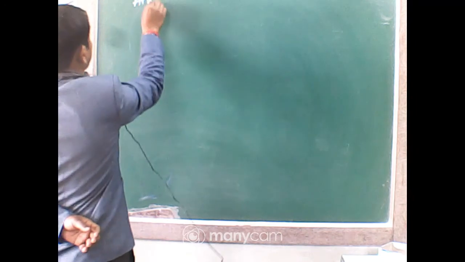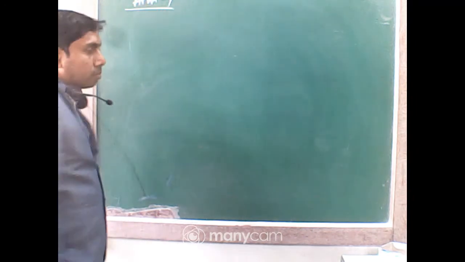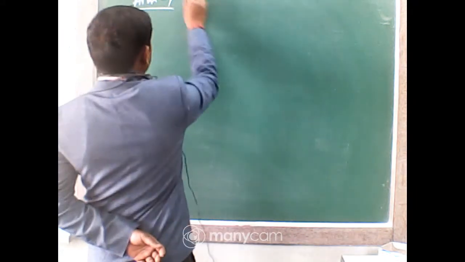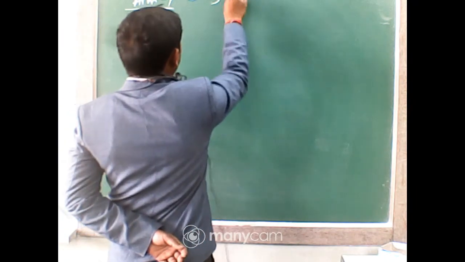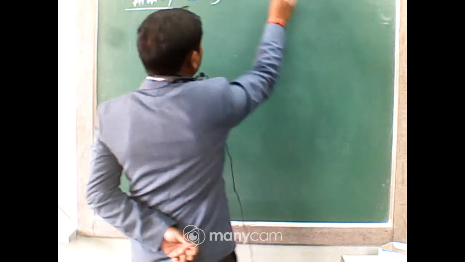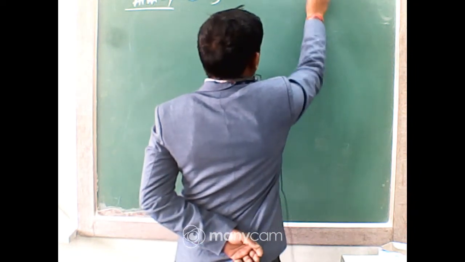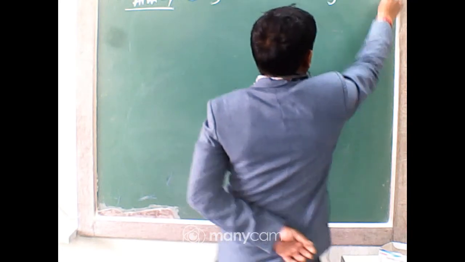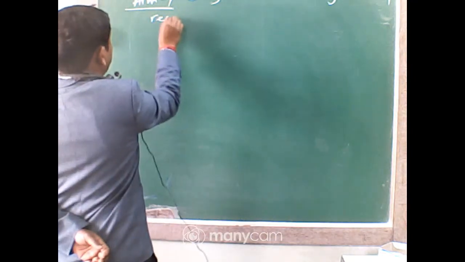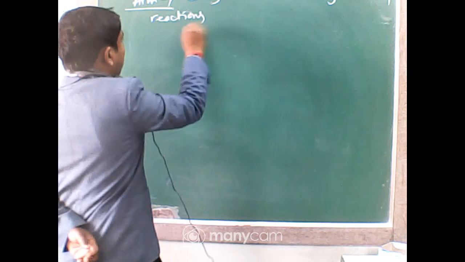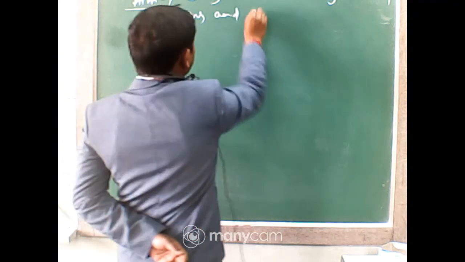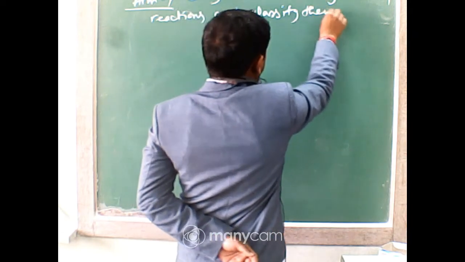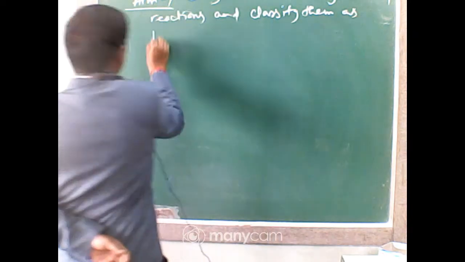At first, we will go for the aim, the objectives. Carry out the following chemical reactions and classify them as physical or chemical change.